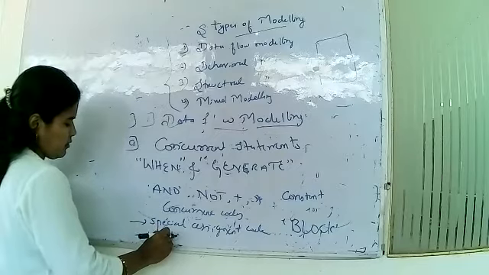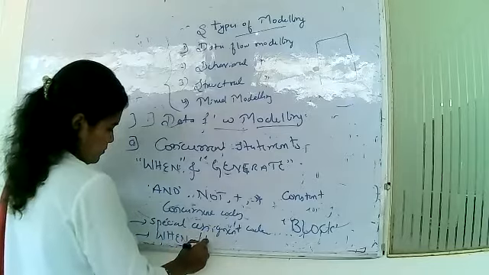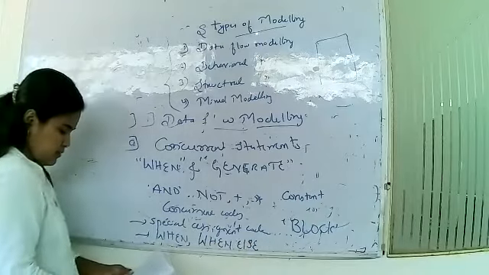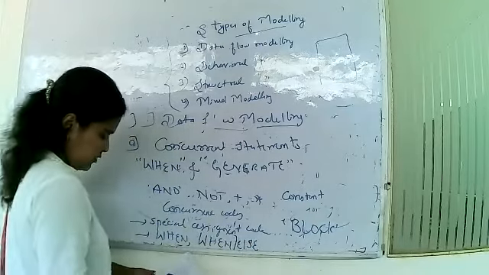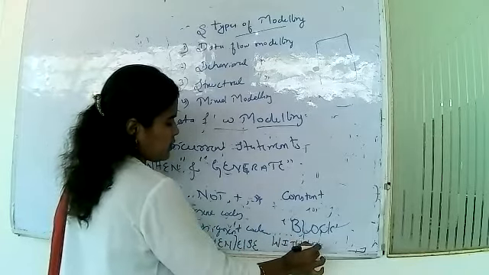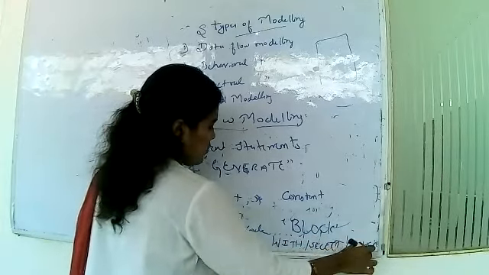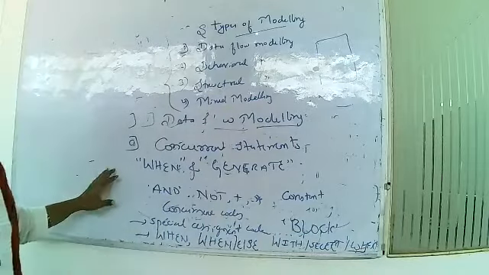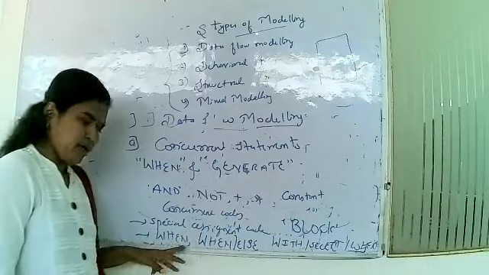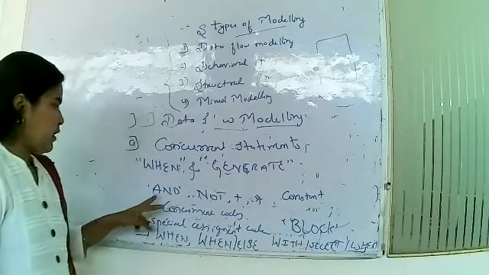In the same way, we have when else, or with select when. These are used for the concurrent codes here. When and generate, and at the same time when else and with select when, are the concurrent statements.